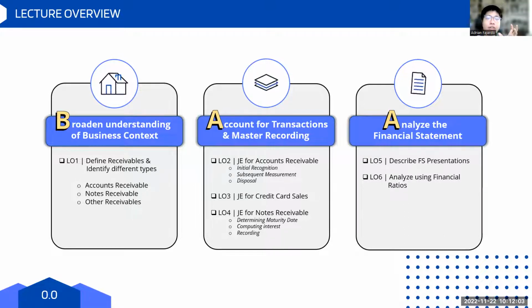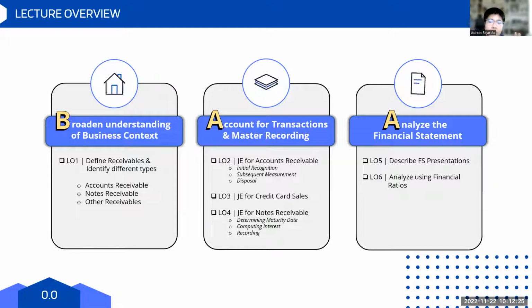Now, for your two quizzes in AR, the first quiz will really focus on accounts receivable. So for this week, we're gonna be focusing on how you account for AR. Next week, we'll be tackling NR or notes receivable, and then other important topics when it comes to receivables.